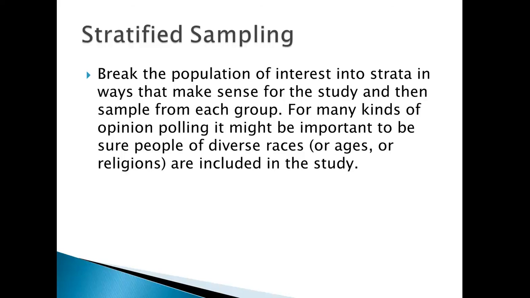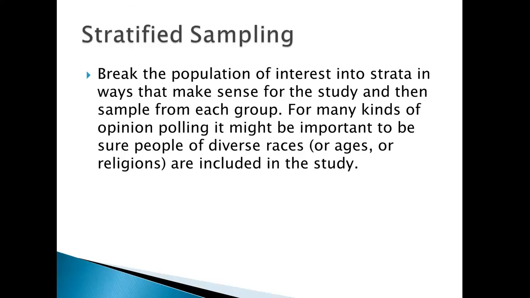In stratified sampling, you break the population of interest into strata in ways that make sense for the study, and then sample from each group. For many kinds of opinion polling, it might be important to be sure people of diverse races, or ages, or religions are included in the study.